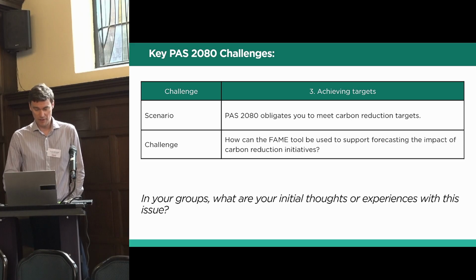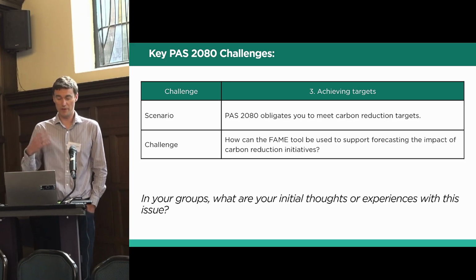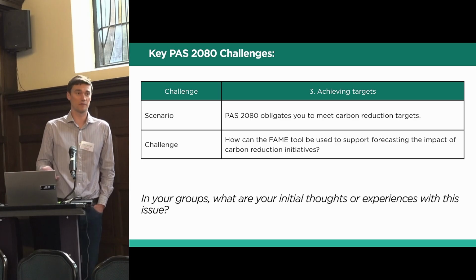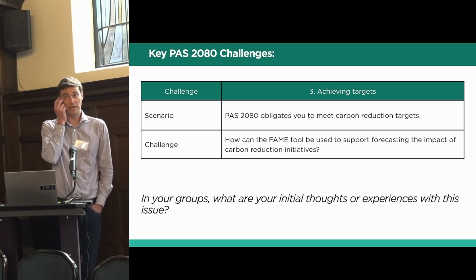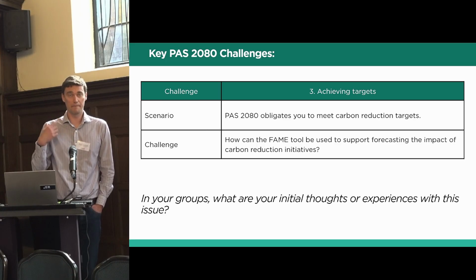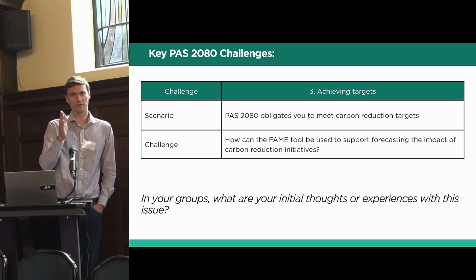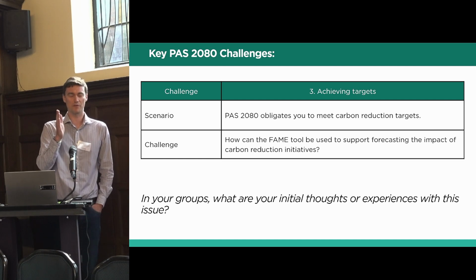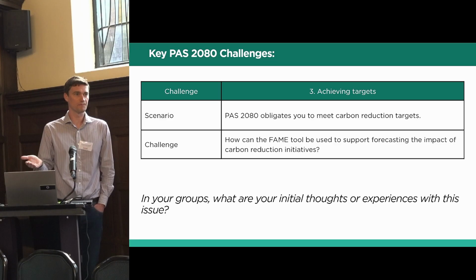Then, we've talked about this last one: Power 2080 obligates you to meet the carbon reduction targets. So if we're obligated at the beginning of a project to meet those targets, we have to have some way of calculating what we think it would be if we hadn't made any proactive measures. And then how impactful are those proactive measures going to be?